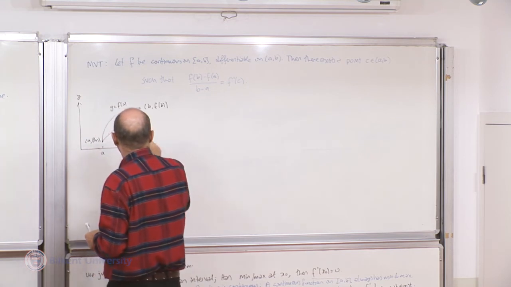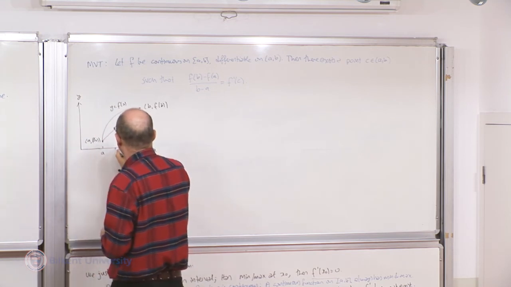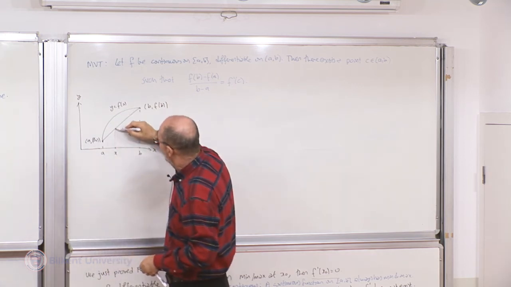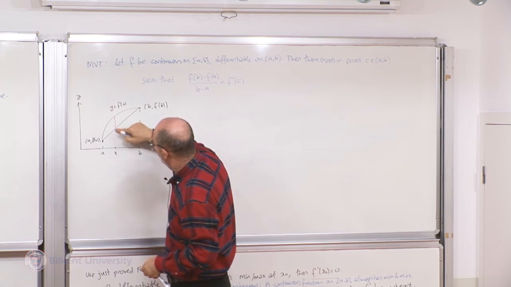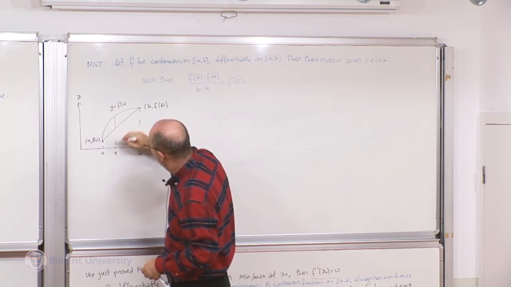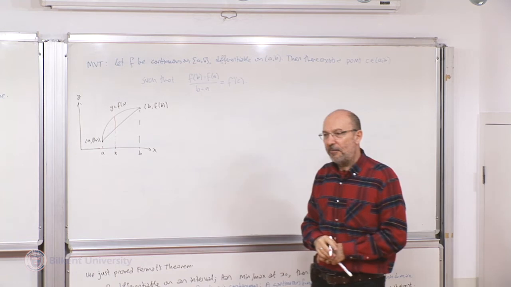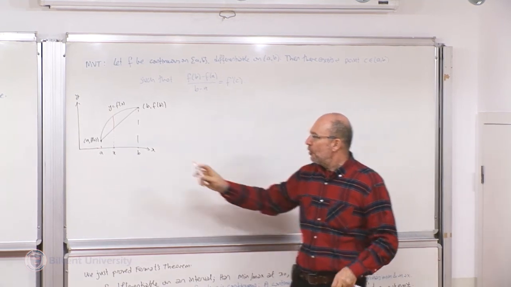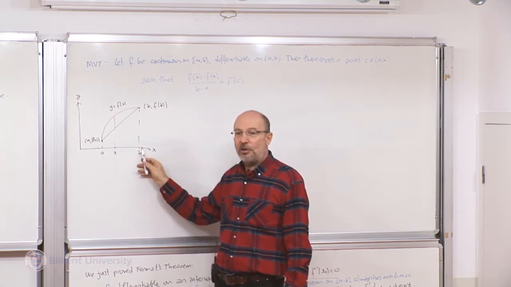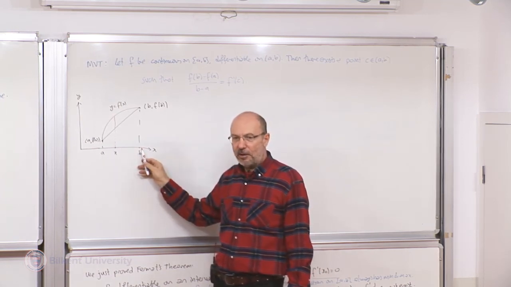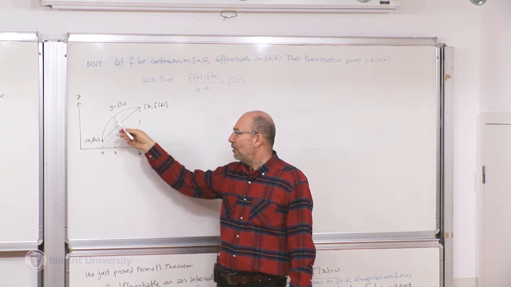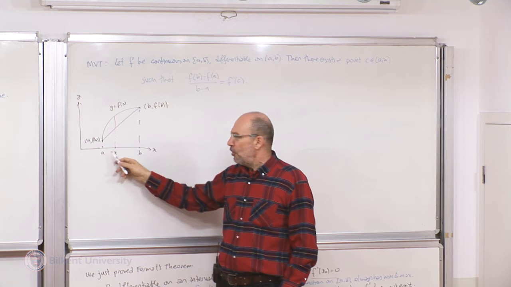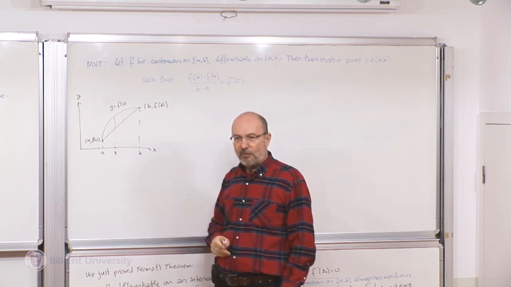At any point x here, consider this function. I write this difference. That difference is 0 here. It is also 0 here. Now I'll call it something else, say g of x. g of a equals 0, g of b is equal to 0.